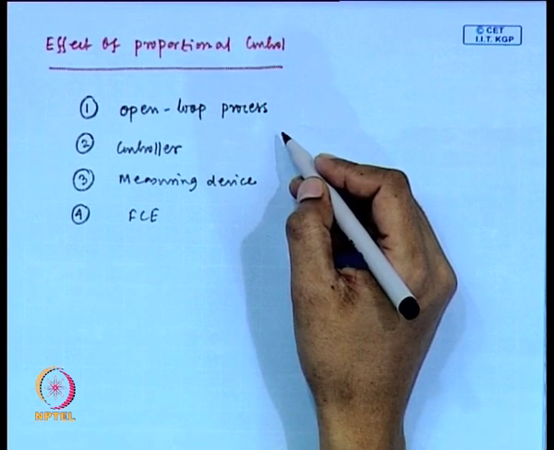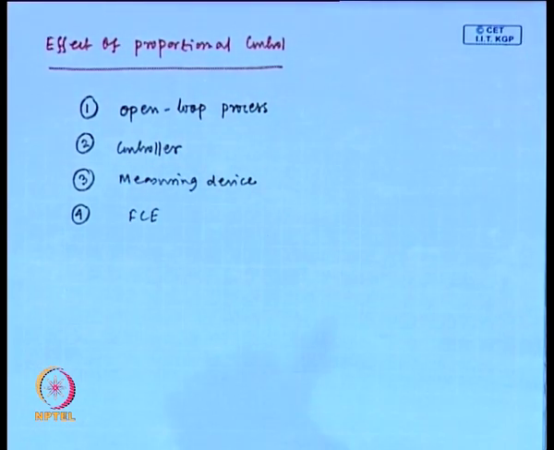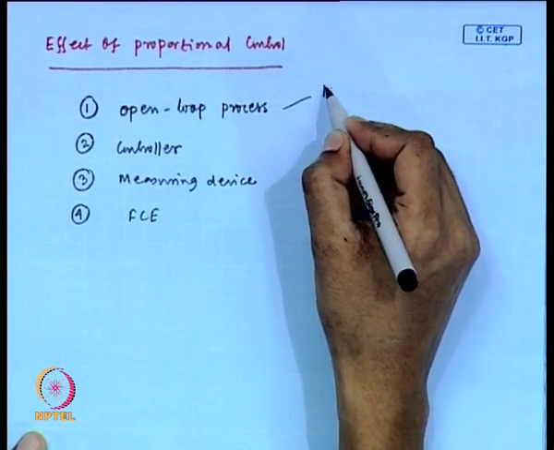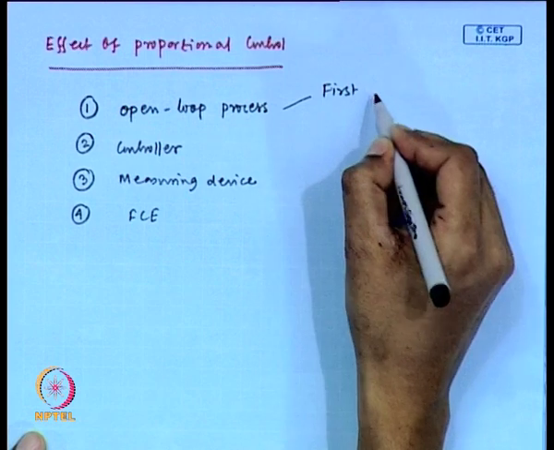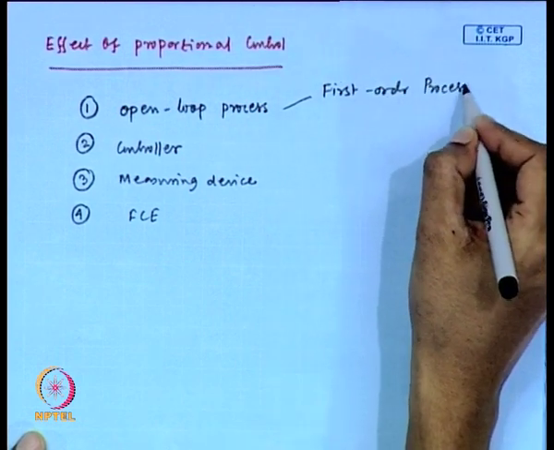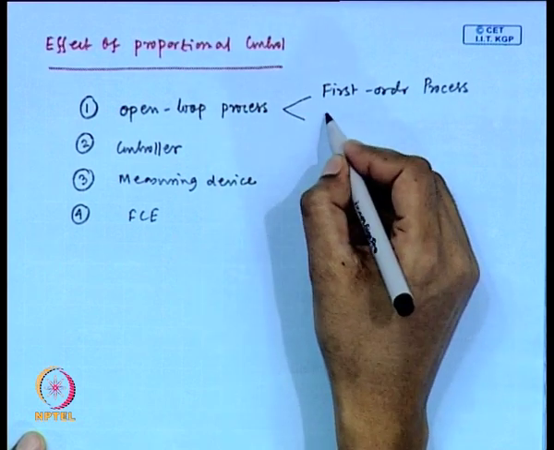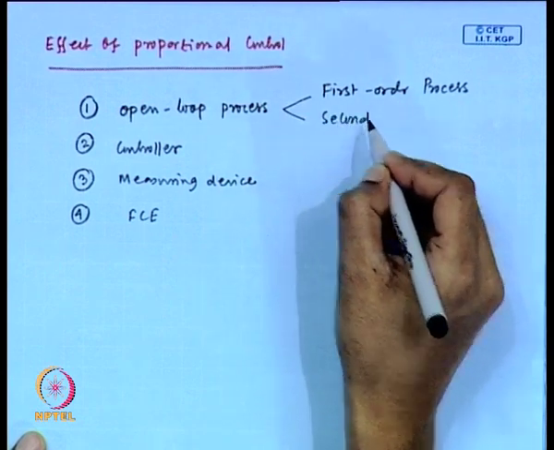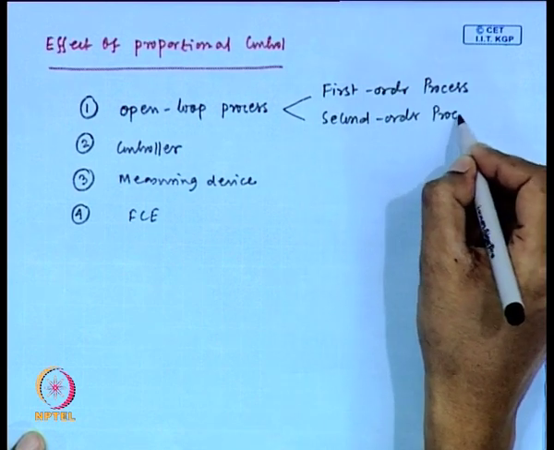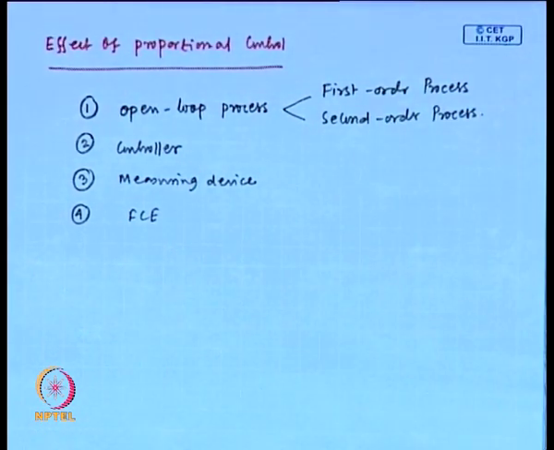We will consider two processes, one is first order process and second one is second order process, and we will discuss one by one. So, first we will consider first order process. In the next, we will consider second order process.